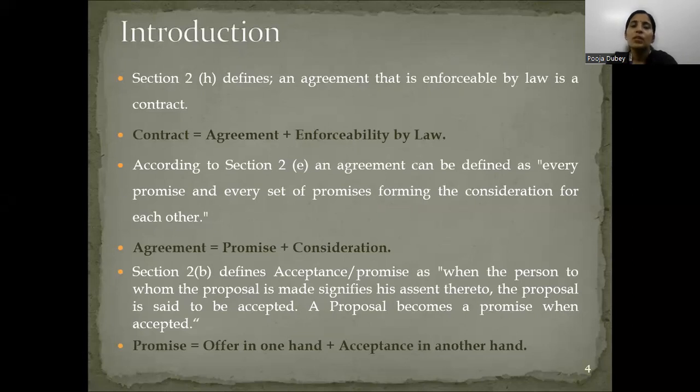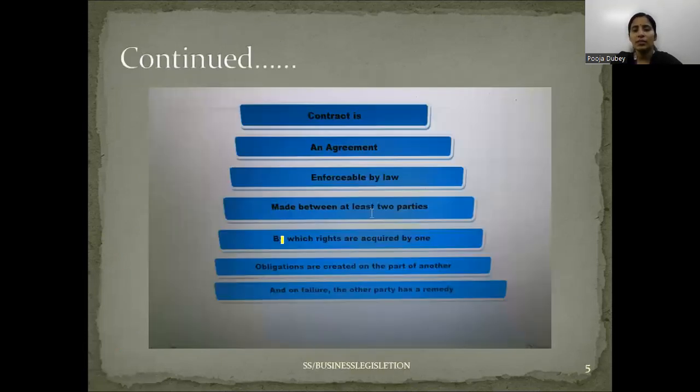And what you can see here, an agreement. I have told you that an agreement can be social in nature, but when it is enforceable by law, it becomes a contract.